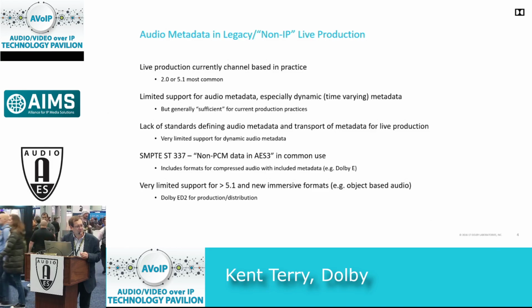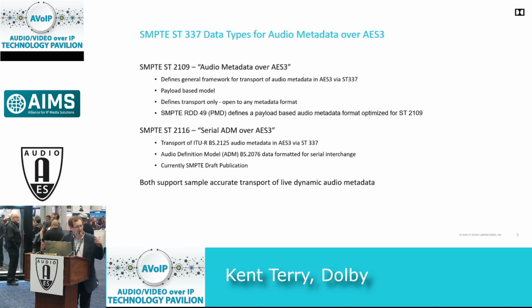What does work is something called SMPTE 337, which we've been using for the last few years. We needed this to get through ATSC 1.0 to get 5.1 on the air. It's a way to use non-PCM data in AES3, a way to get data over a standard digital audio channel, but it requires the use of AES3. And so that's what's come into use.